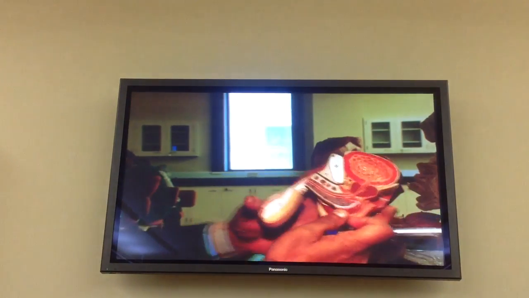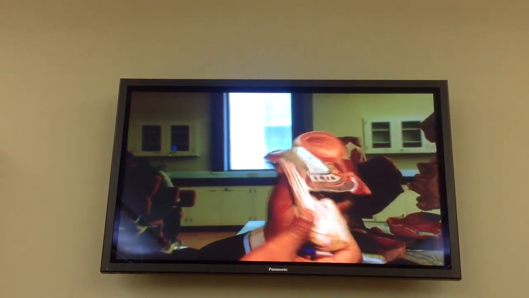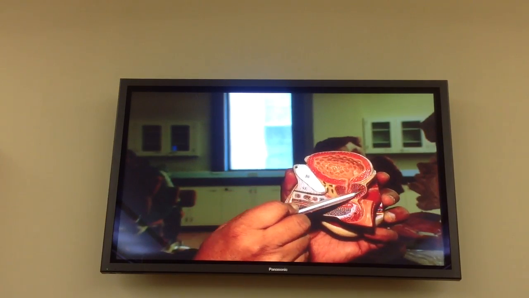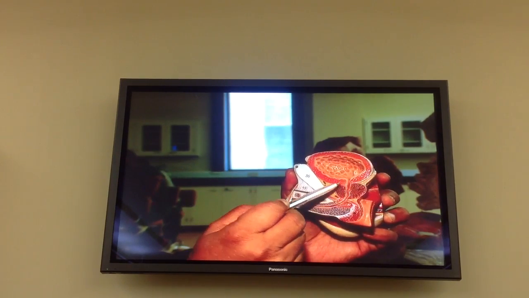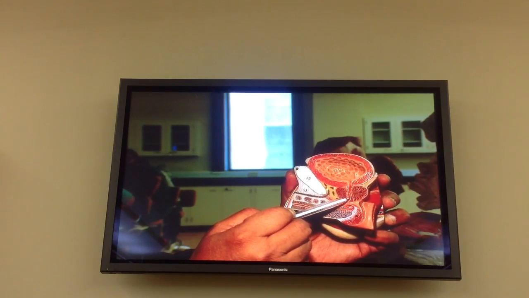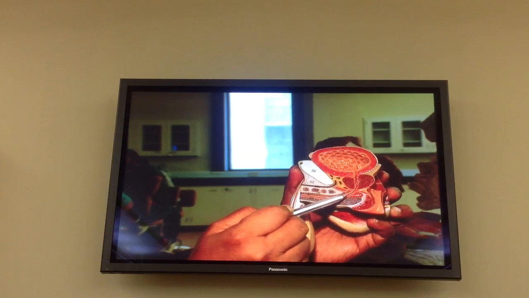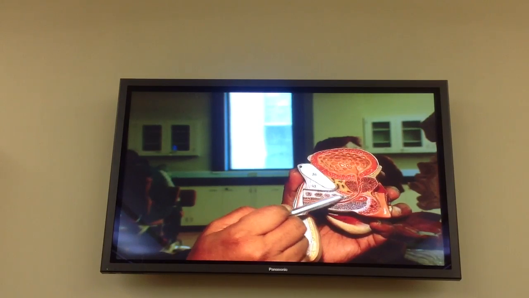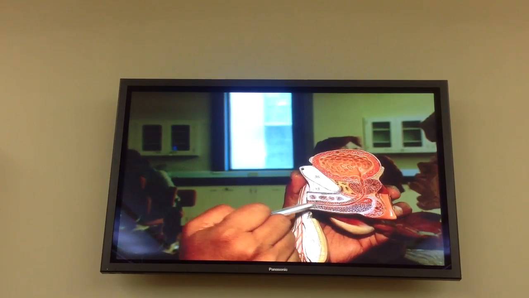Come to this specimen. What is this? Urine bladder. What is this? Prostate. What is this? Prostatic urethra. Okay. What is this? Bulb of penis. Okay. What is this? Urethra.